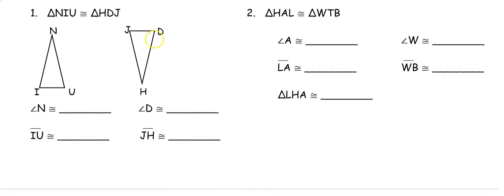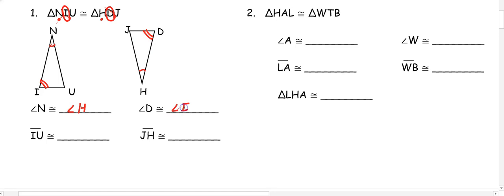Notice that the triangle HDJ is turned, so we need to pay attention to the letter placement in the names. So angle N is the first letter. So angle N matches up with the first letter of the other triangle, which would be angle H. Angle D is the second letter in the second triangle, so that's going to match up with angle I in the first triangle.